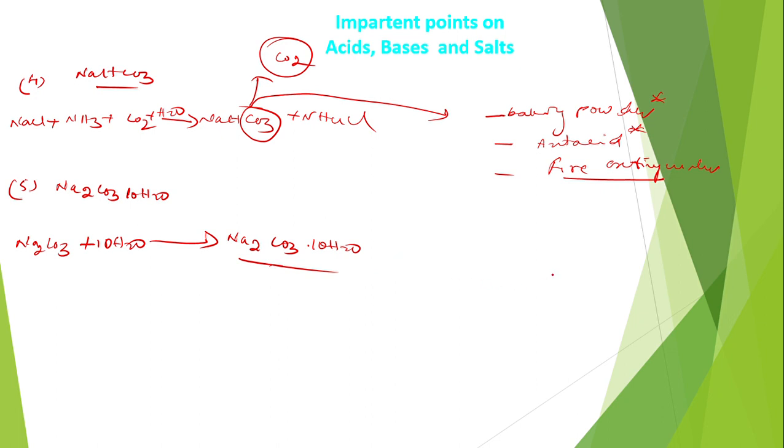So washing soda, where we are using? Again, it is used in soaps, paper and pulp industries, and also it is used as a cleaning agent.